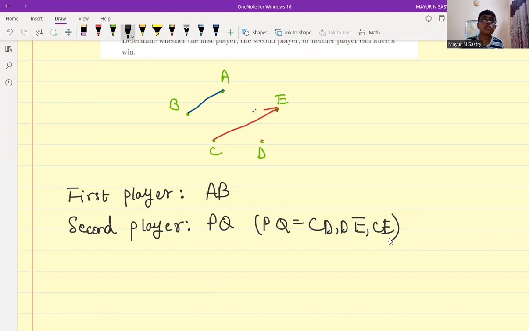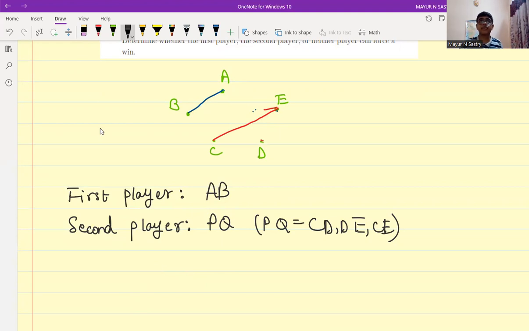So I'm considering all those possible choices for the second player, where the first choice of the first player and the second choice of the second player don't have a common point. So those possibilities are CD, DE, and CE. So the second player chooses PQ.